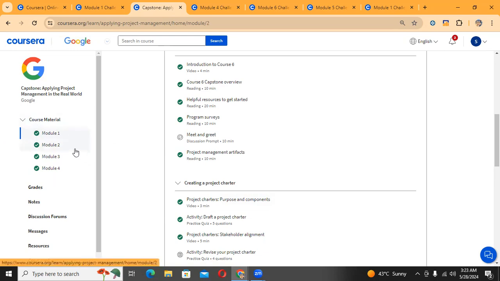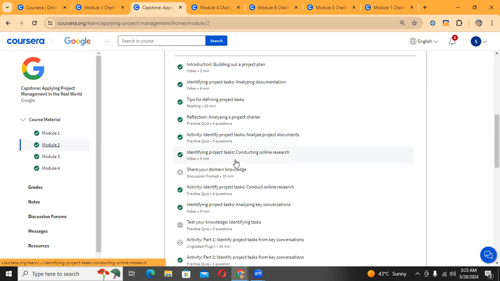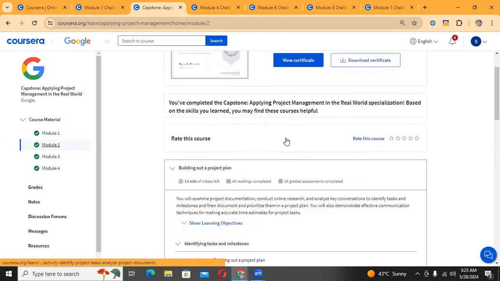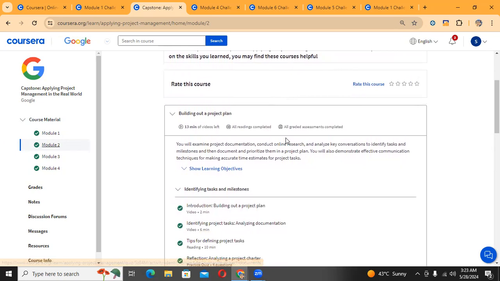Let's go to the second module, which is about building out our project plan. Planning is where detailed plans are created to guide project execution. This includes the plan, defining tasks and resources.